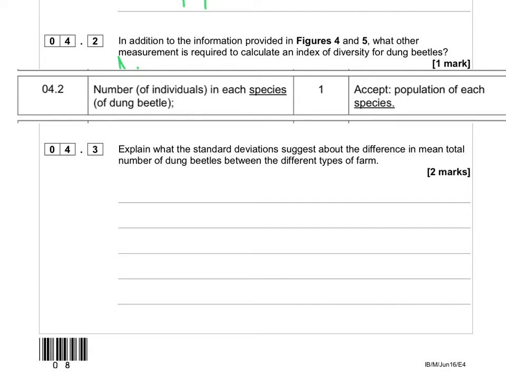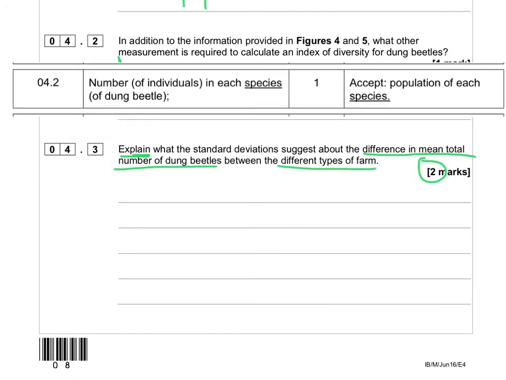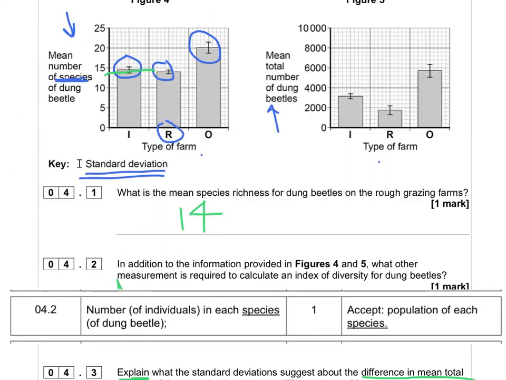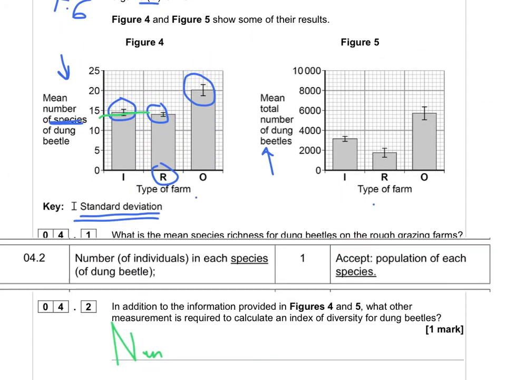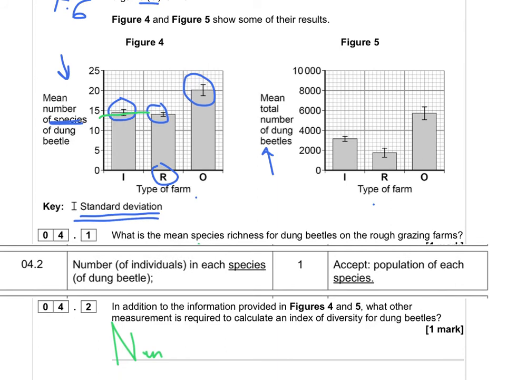Question 4.3 then goes on to talk about the standard deviations, and it says, explain what the standard deviations suggest about the differences in the mean total number of dung beetles between the different types of farms. 2 marks. So let's have a look at the data. If you look at the mean total number of dung beetles, you look at the standard deviation.